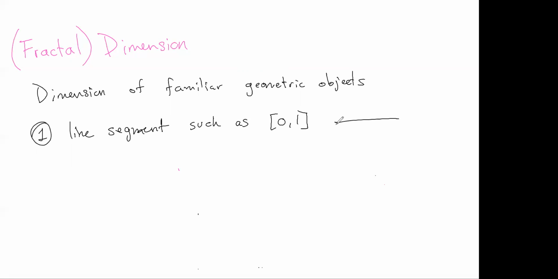What would you say the dimension of this line segment is? 1, yeah. Roughly speaking, you need only one coordinate to specify a position on this line. That's the number of coordinates tells you the dimension. 1 dimension. Let's also consider its size. In this case, if we're talking about a line segment, we would consider its length.